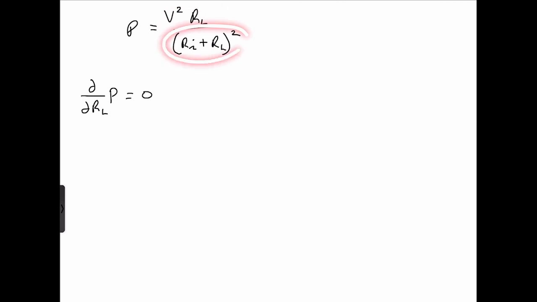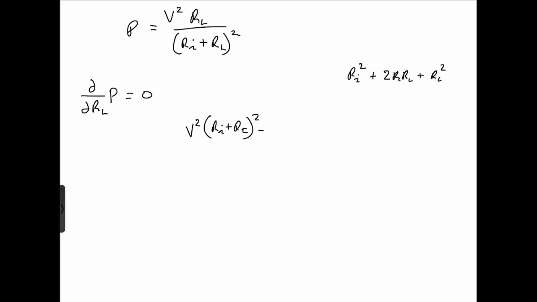If we take the derivative, we take the derivative of the numerator times the denominator. So that would be V squared times the denominator, which is (Ri plus RL) squared, minus the numerator times the derivative of the denominator. If we expand the denominator, we get Ri squared plus 2 times Ri RL plus RL squared.